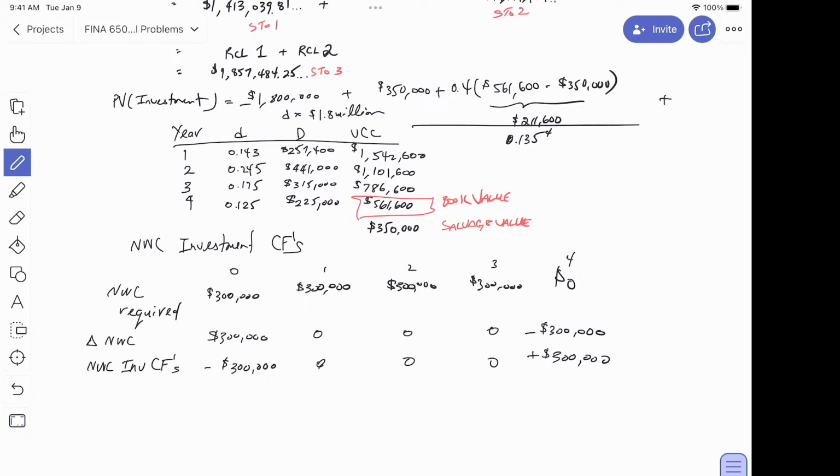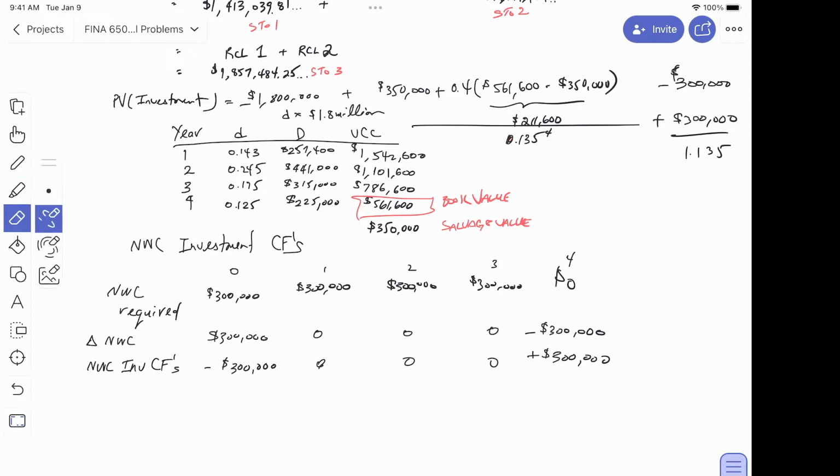So that's going to be the 300,000 negative, and then offset by 300,000 discounted. This is, by the way, let me fix this.